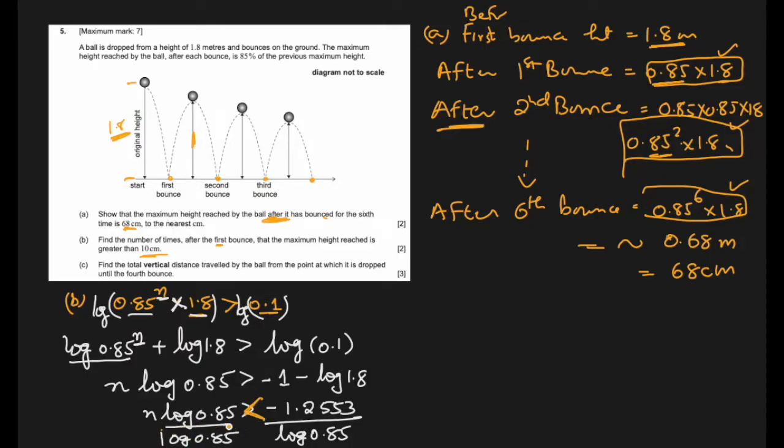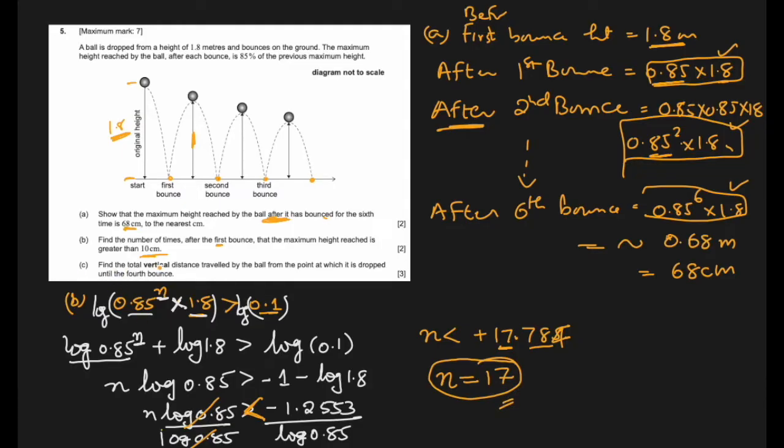A negative divided by a negative will be positive, and what I am getting is 17.784. That means our n has to be just less than 17.784. So n equals 17. It is the 17th bounce before which it will bounce 17 times. After that, it will go below 10 centimeters or 0.1 meters.